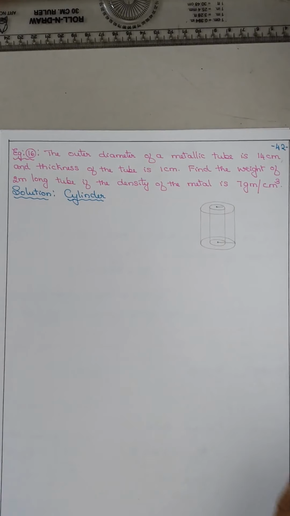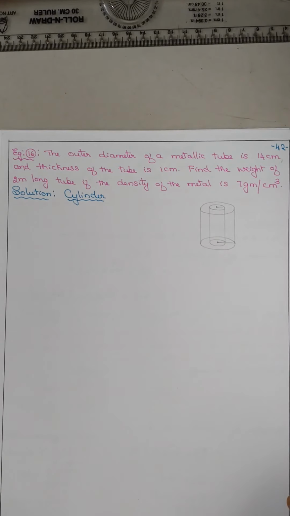The outer diameter of a metallic tube is 14 centimeter and the thickness of the tube is 1 centimeter. Find the weight of 2 meter long tube if the density of the metal is 7 gram per centimeter cube.